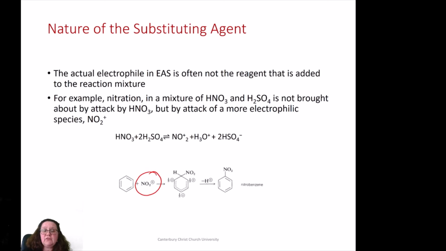What you add is nitric acid and sulfuric acid, which react with each other to produce the nitro group, and once produced in situ, that is what is going to be attacked by the electrons of the benzene ring.